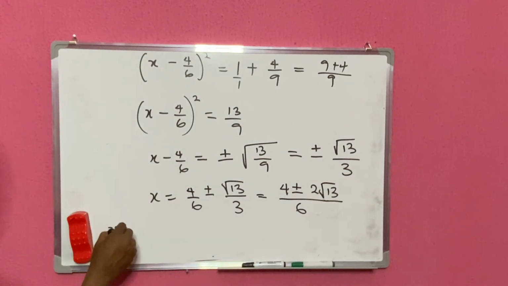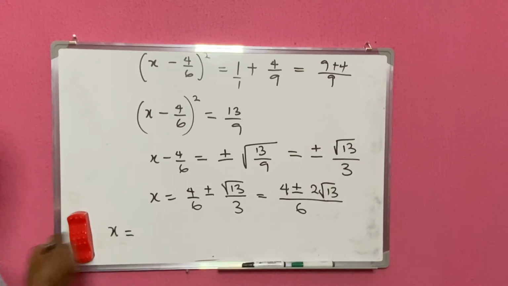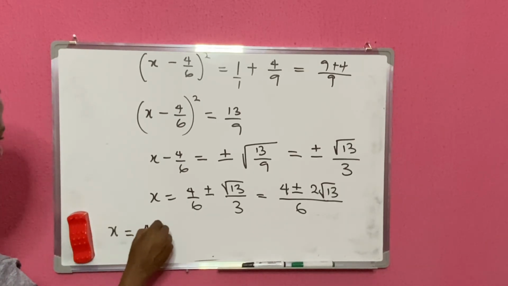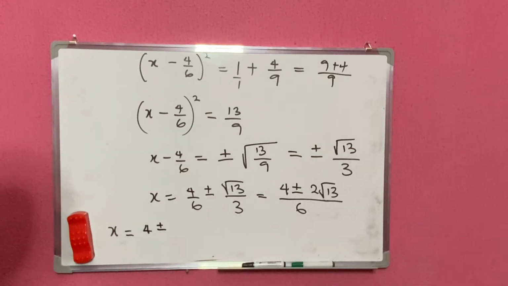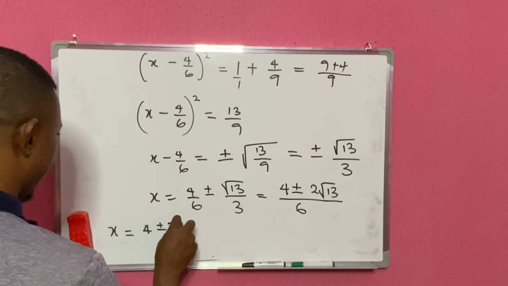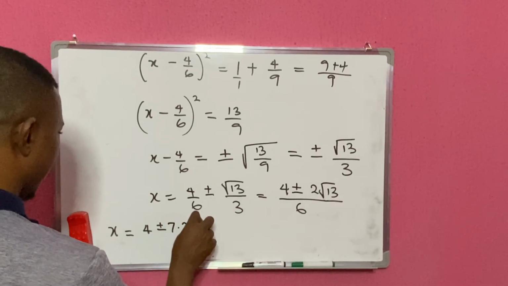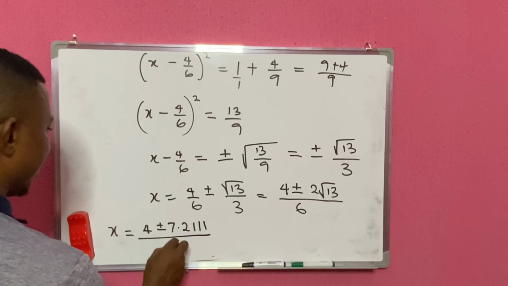Your final answer can now be 4 plus or minus the square root of 13 multiplied by 2, which will give us 7.2111 over 6.